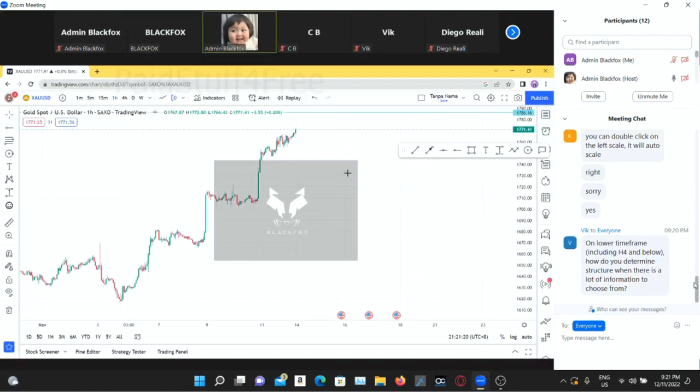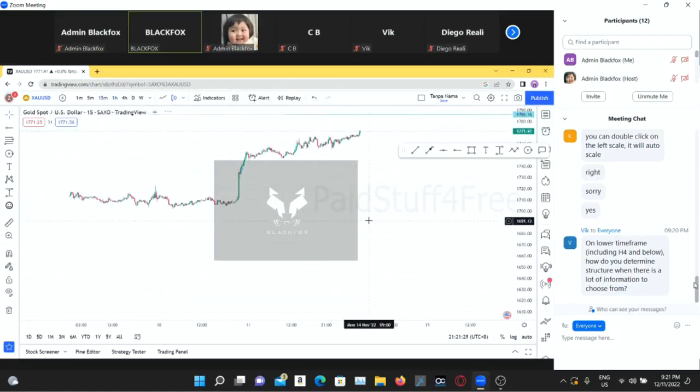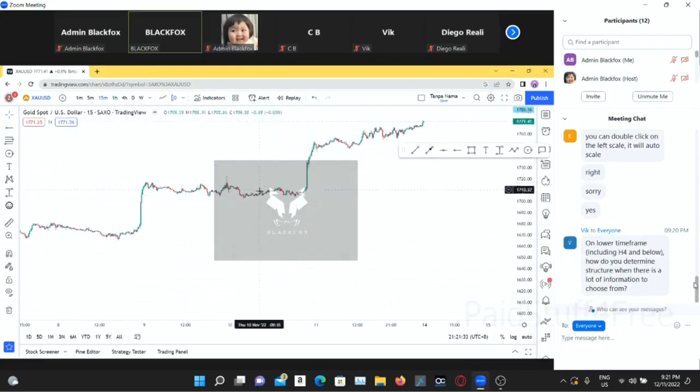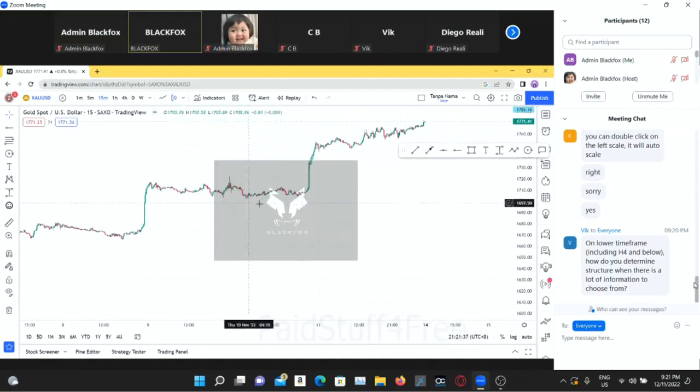So on lower time frame, maybe at M15, there is too much noise, right? So just take the highest position, the clear position of structure, and the lowest position.